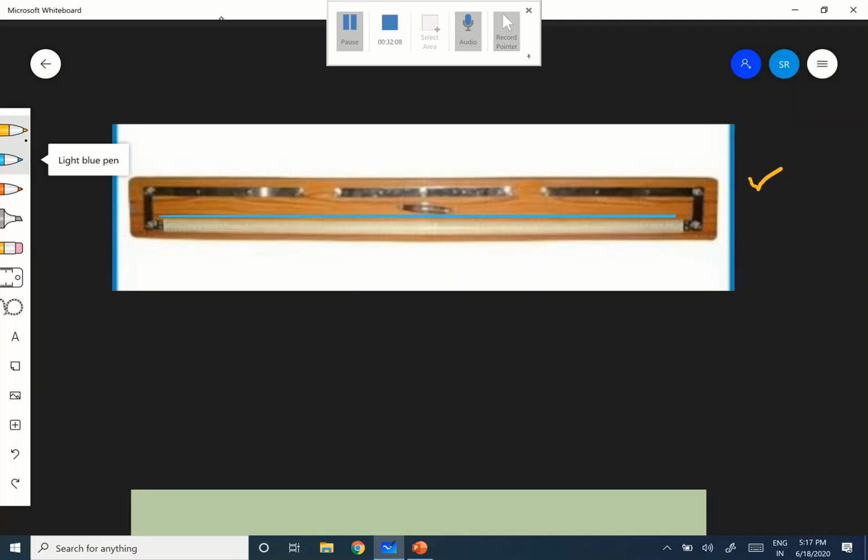There are metallic strips here, this is a metallic strip, and here is a metallic strip. This end is called A and this is B.